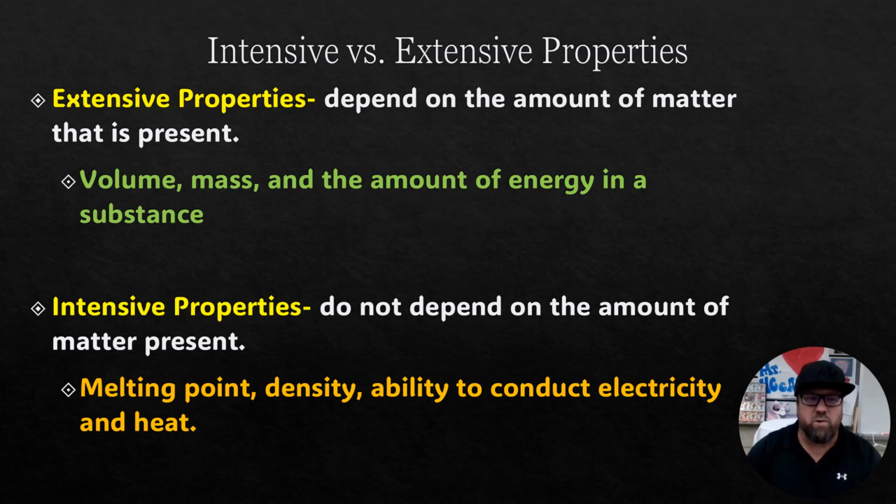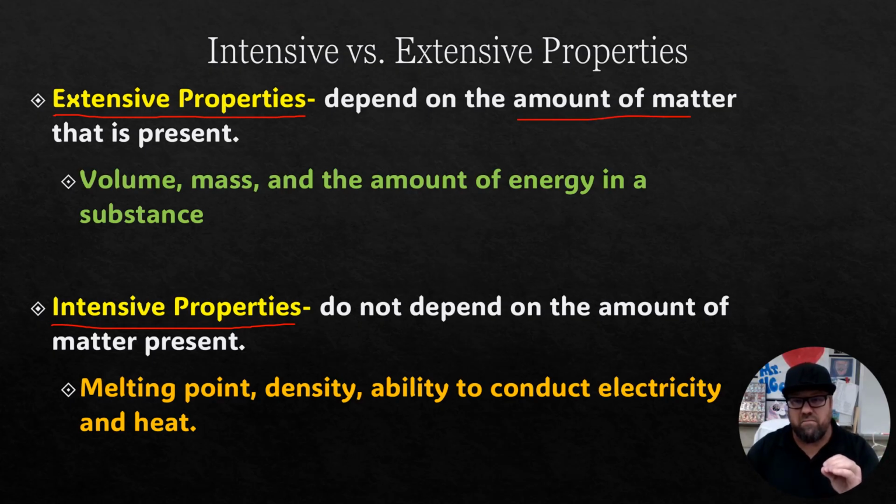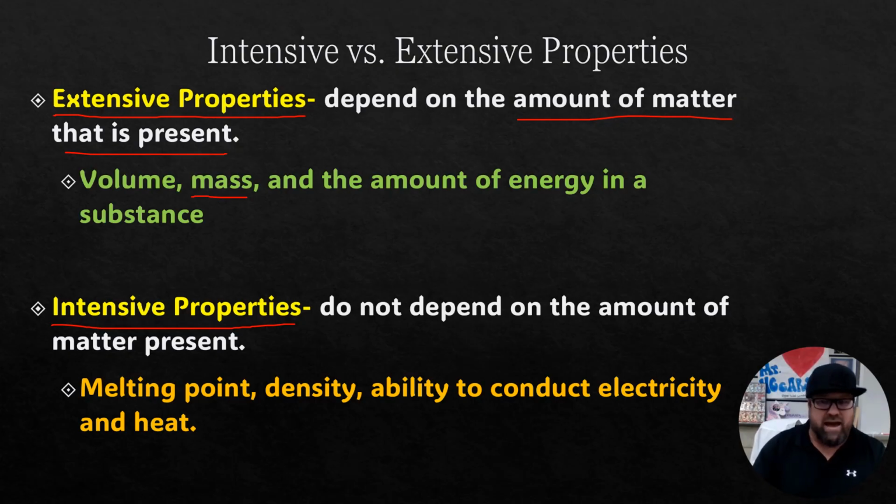Now, the final way that we classify properties of matter is we look at them as either extensive properties versus intensive properties. Extensive are measurements or properties that depend on the amount of matter that is present. So, for example, if I eat more food, what will happen to my mass, the actual mass of my body?